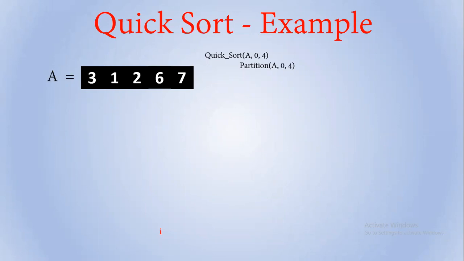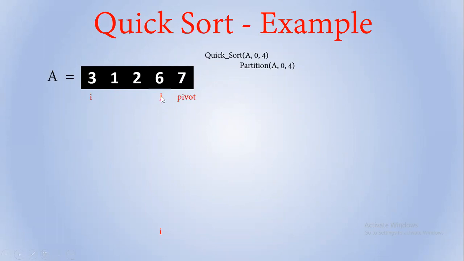So what happened in the partition function? First of all, the pivot value was set as the last element, and I will be initialized to L. In the algorithm or pseudocode, I said that I will be initialized to L. L is 0.